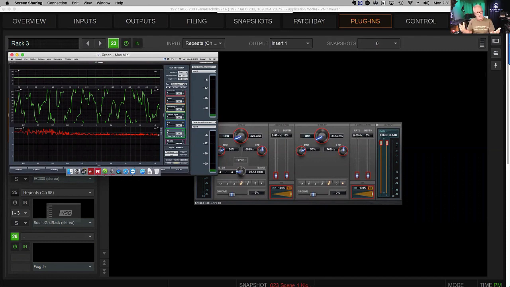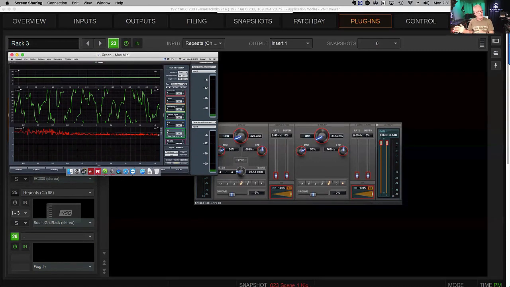Or I could have a snapshot changing the note selection, so if the song's being played a little faster one night, I just tap it faster now, and all the delays shift right back into place. So there's no comparison operationally between digital and analog there. Digital kicks analog's ass in terms of keeping those things in play and using lots of processing if you want to.